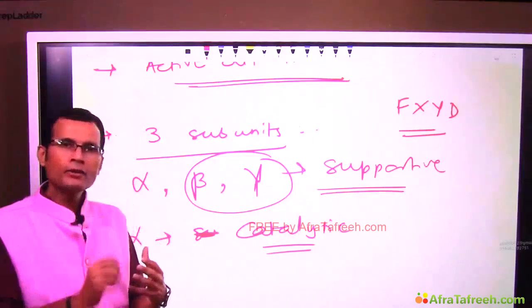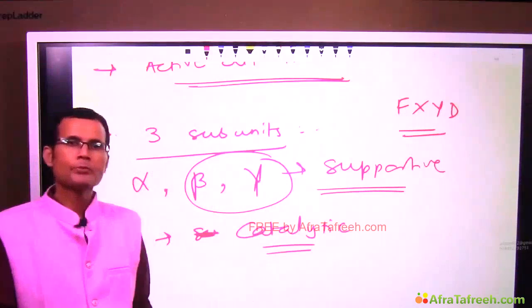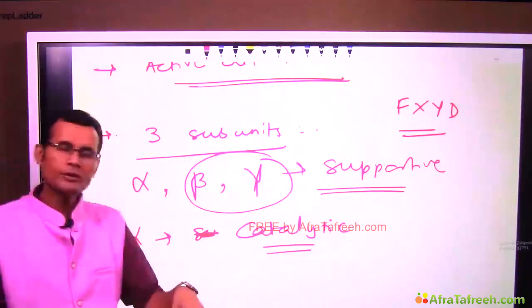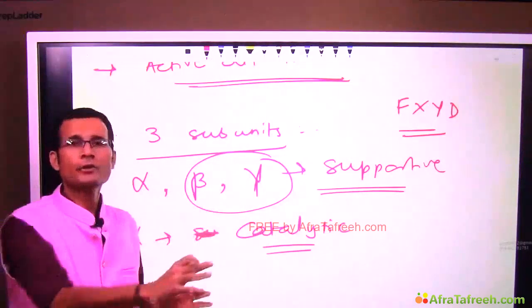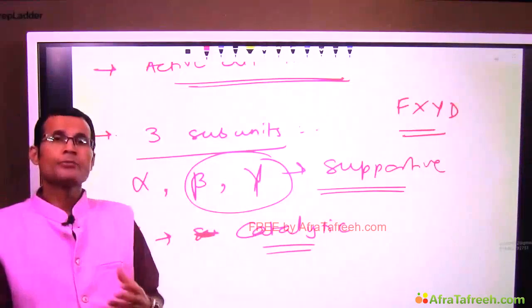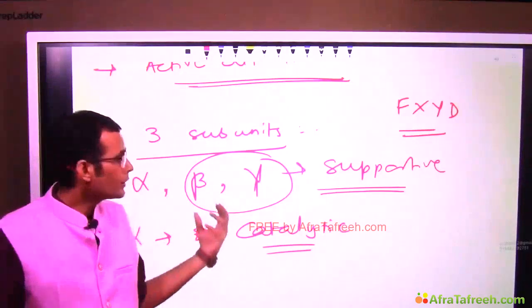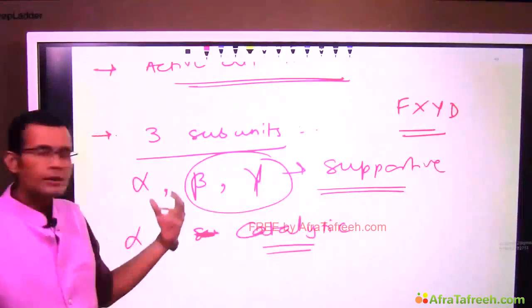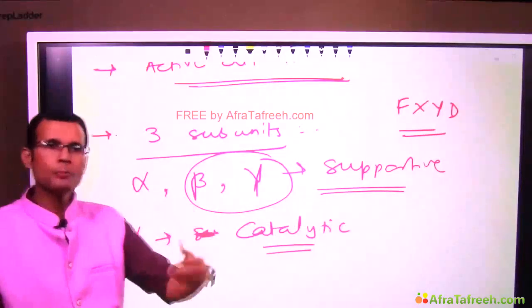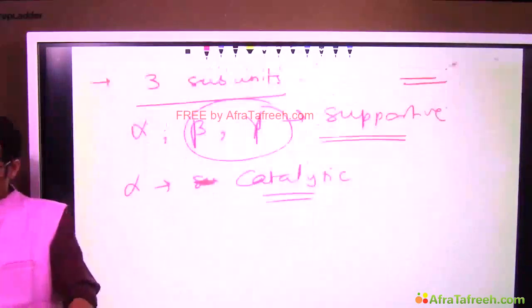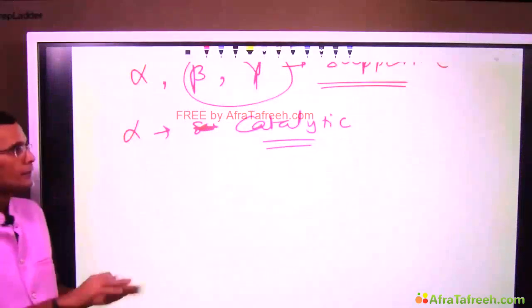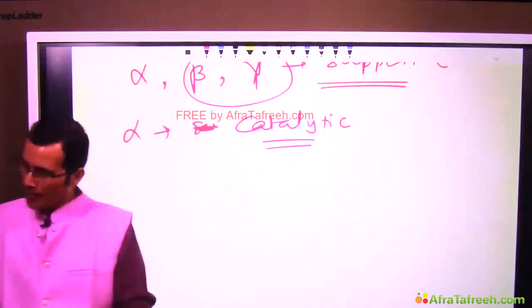They target the pump to the membrane, means it's synthesized, formed inside the cell and then targeted to the membrane, and in a way they regulate the turnover of the sodium potassium pump. Right, so alpha subunit is what we are interested in.